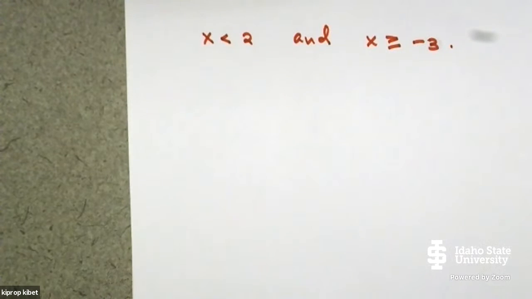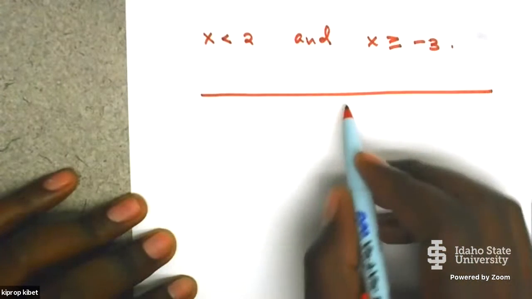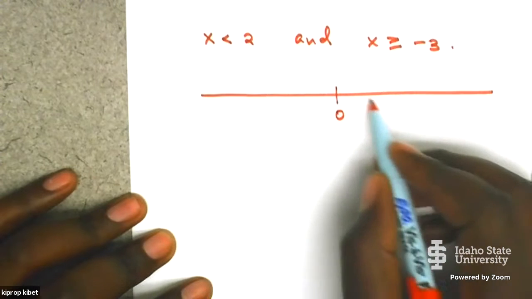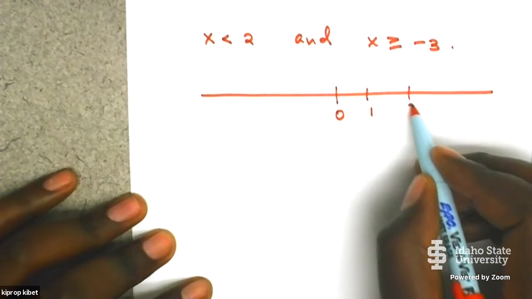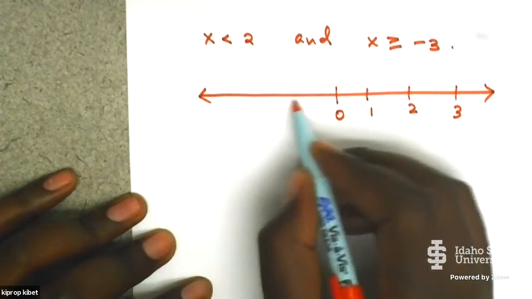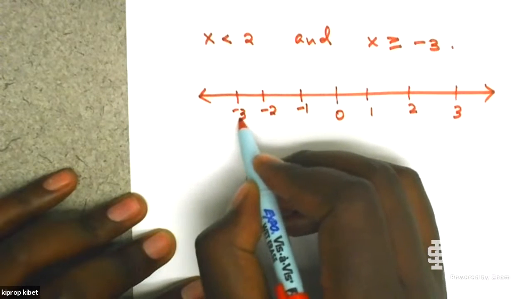Now we need to draw the number line for each one of them and then combine. So the first one, we can put it like that. This is 0, 1, 2, 3, negative 1, negative 2, negative 3.